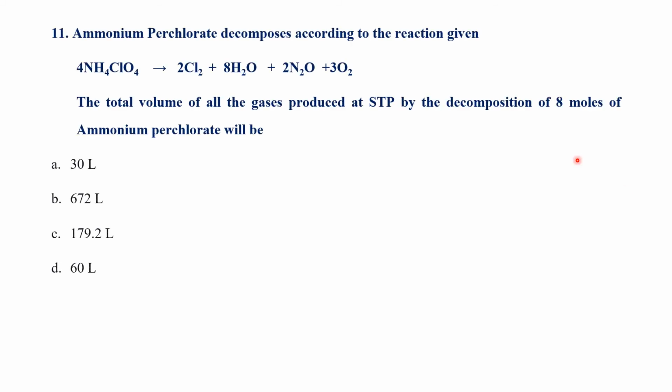Ammonium perchlorate decomposes according to the following reaction. The reaction is given. The total volume of all the gases produced at STP by the decomposition of 8 moles of ammonium perchlorate will be. There are options given in liter. First we will find the number of moles of gases produced by the ammonium perchlorate.